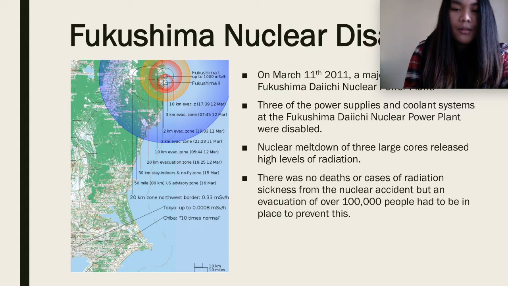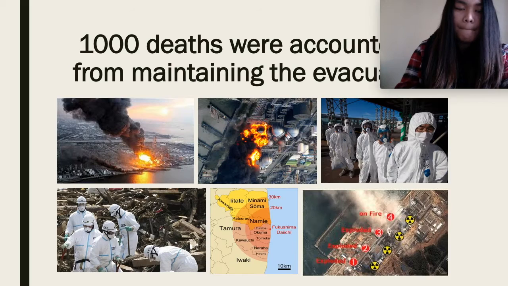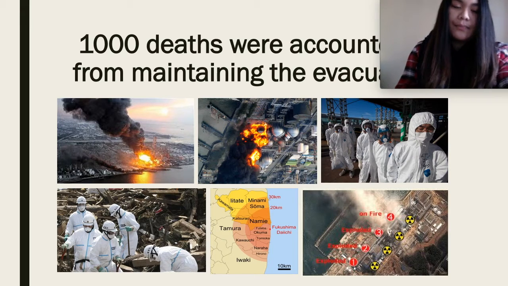This caused nuclear meltdowns of 3 large cores and resulted in releases of high radioactive levels. There were no deaths or cases of radiation sickness from the nuclear accident itself, but an evacuation of over 100,000 people had to be put in place to prevent this. However, official records state that 1,000 deaths were accounted for from maintaining the evacuation.